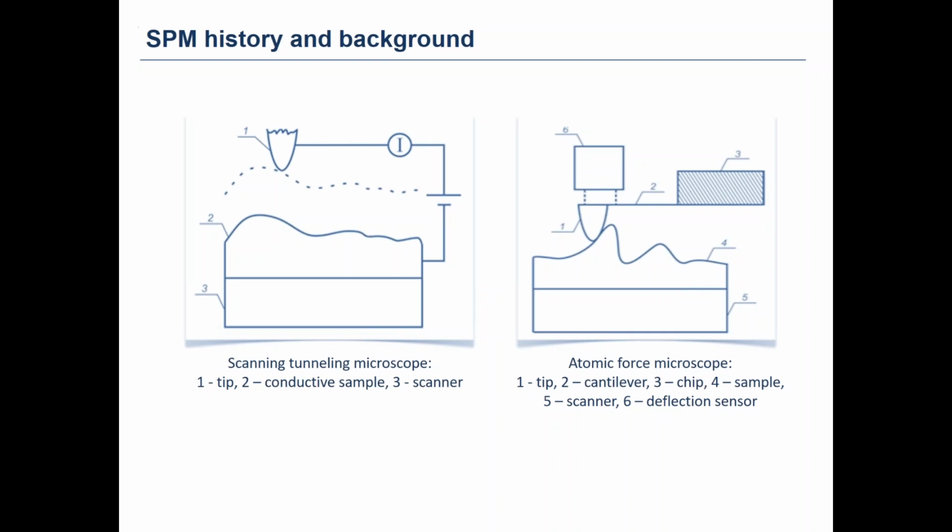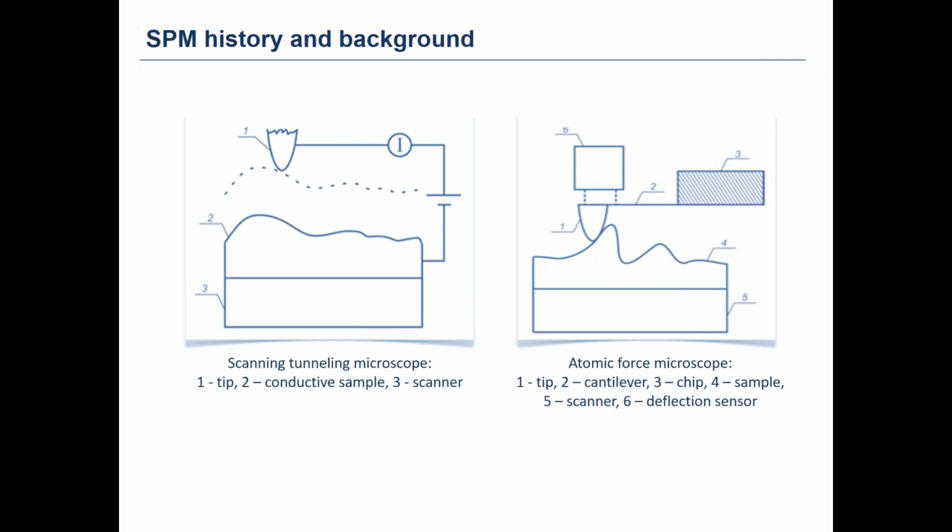So just a brief reminder that the history of scanning probe microscopy starts with a scanning tunneling microscope that was actually introduced by Binnig and Rohrer in 1982, and they then got a Nobel Prize in 1986 for their invention.